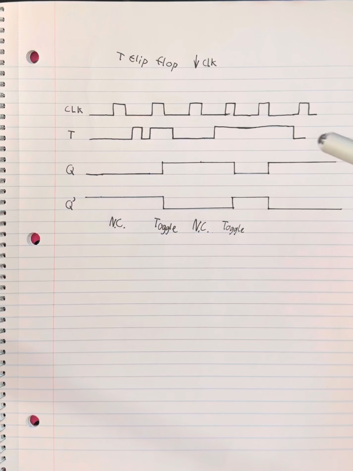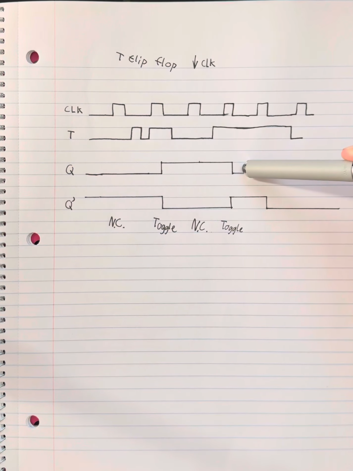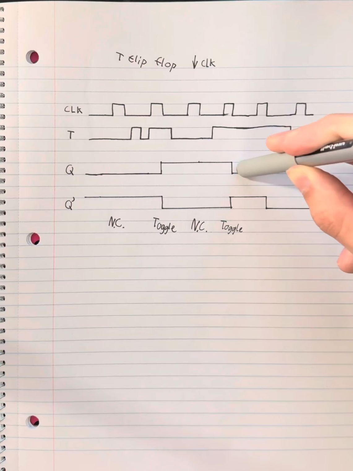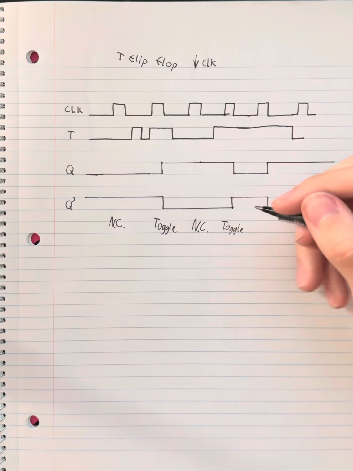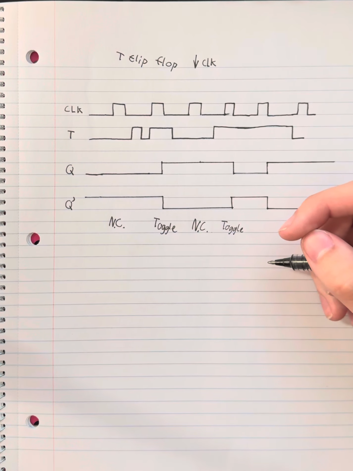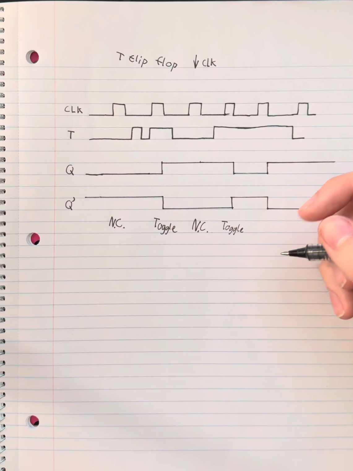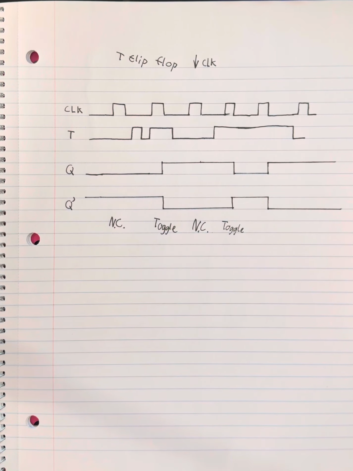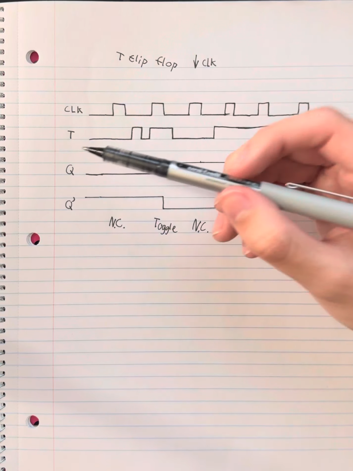there would be a set, a reset, a preset, and a pre-reset. And if this had a clear, then it would be an asynchronous clear.